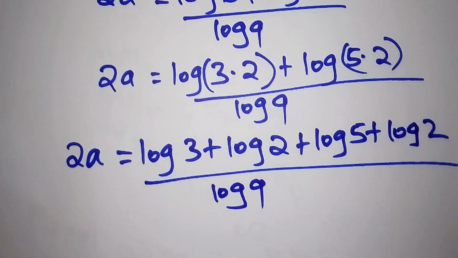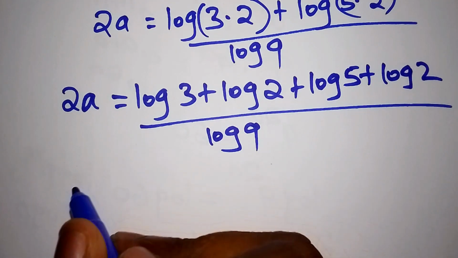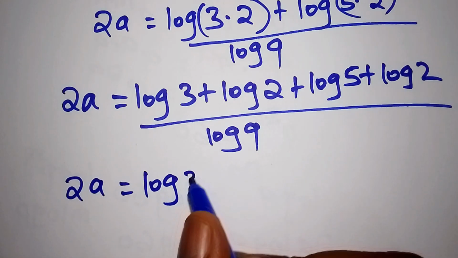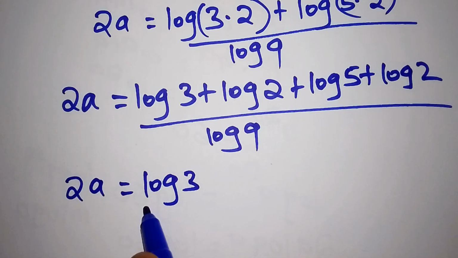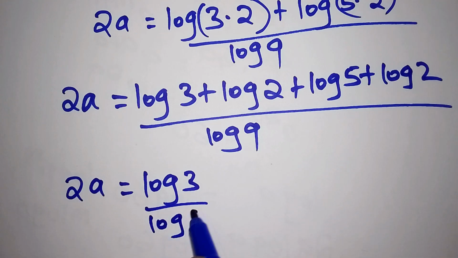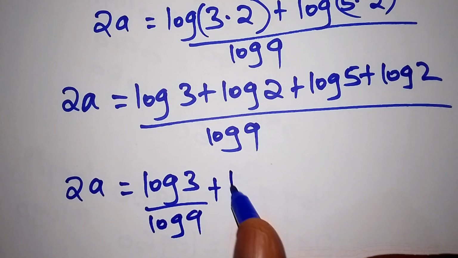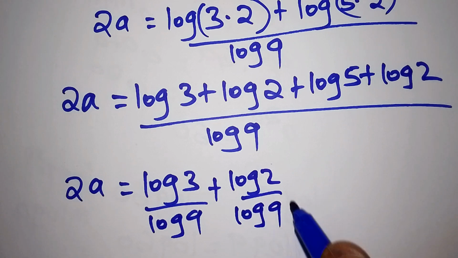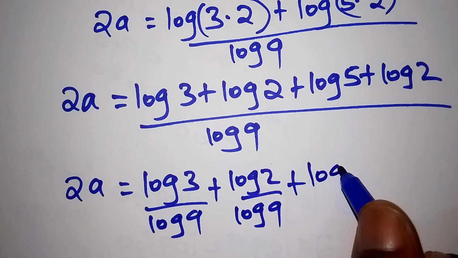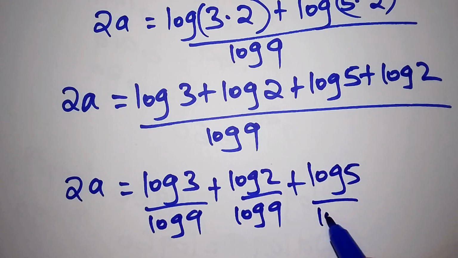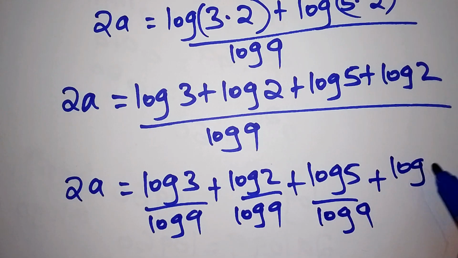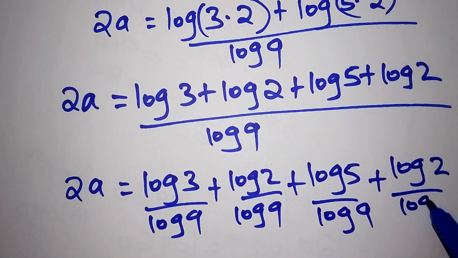Then we divide both sides by the log of 9: log 3 over the log of 9, plus log 2 all over the log of 9, plus log 5 all over the log of 9, and also plus log 2 all over the log of 9.